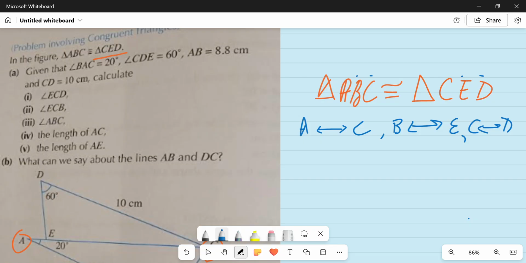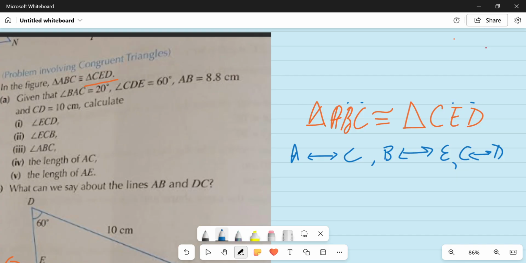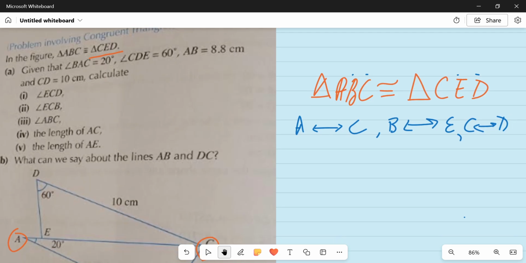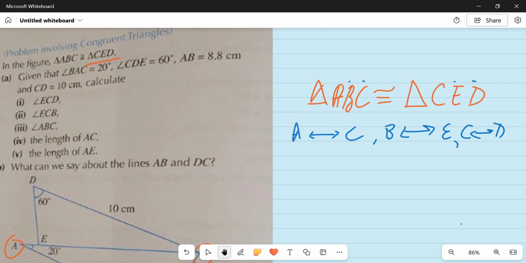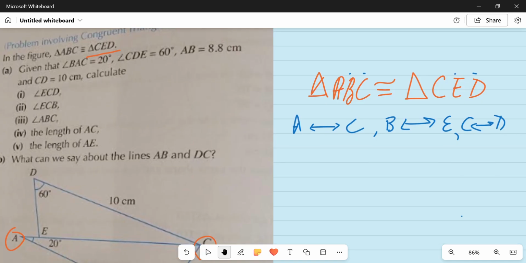Now, what does it say there? The first part says you need to find the measurement of angle ECD. How are you going to find it?